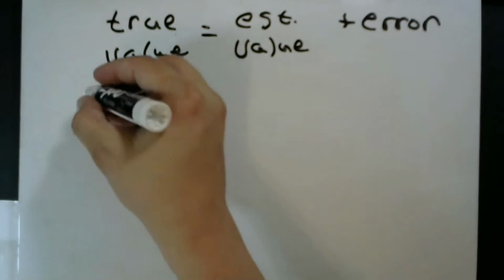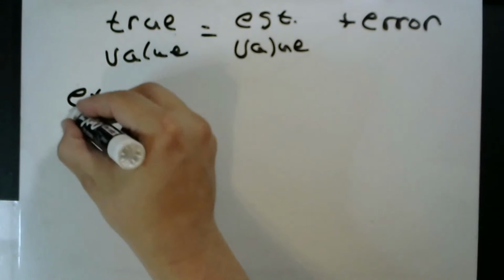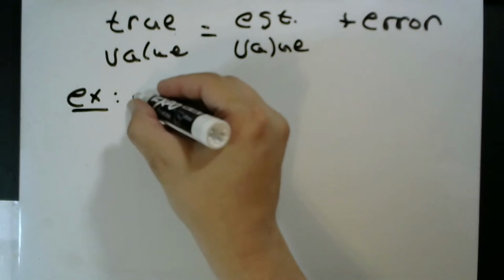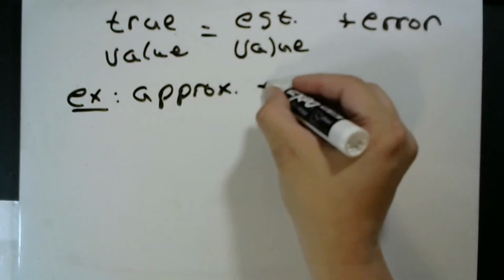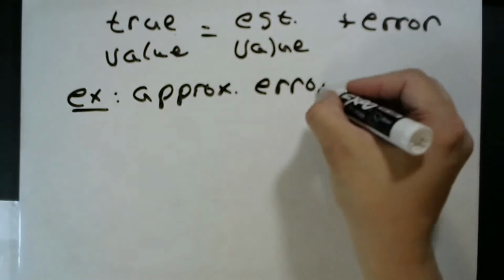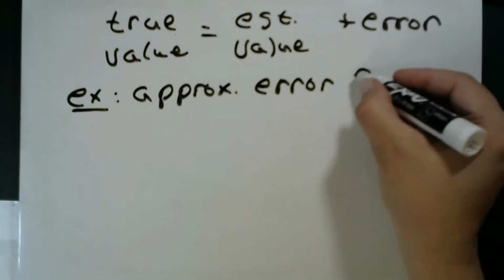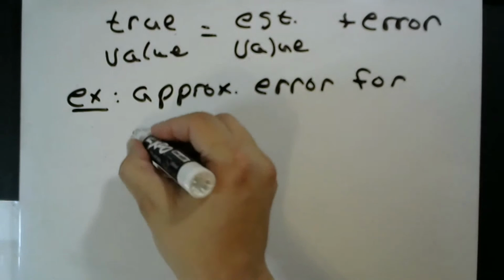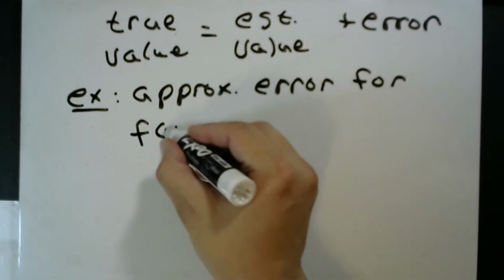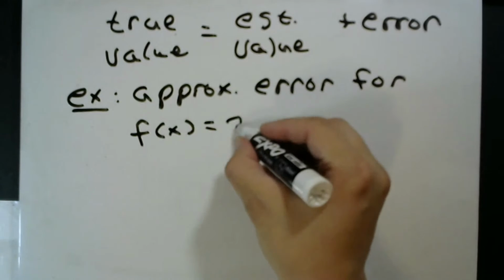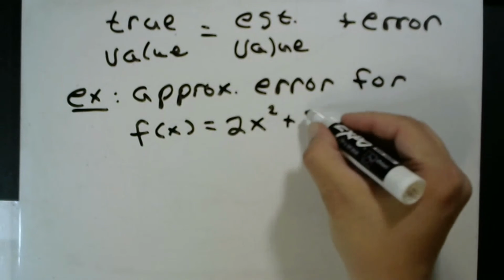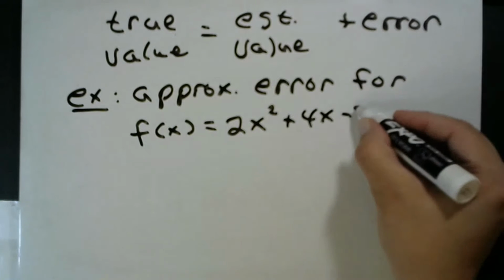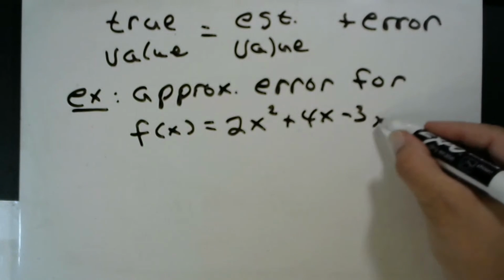All right. So let's say, find the approximation error for f of x is 2x squared plus 4x minus 3.